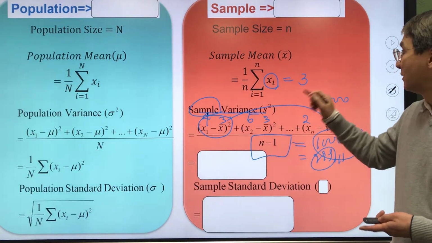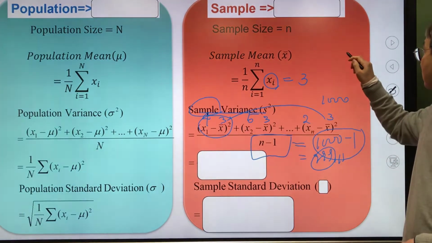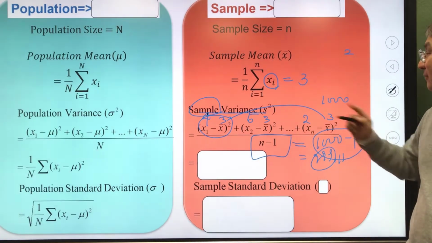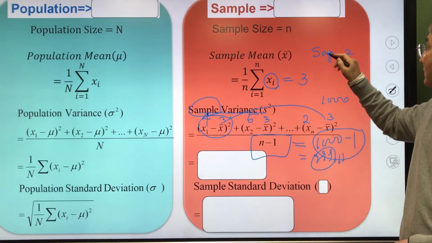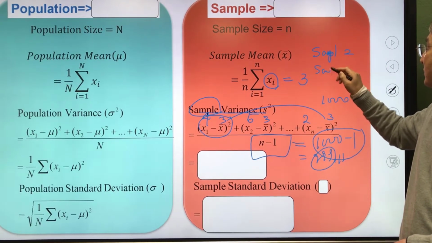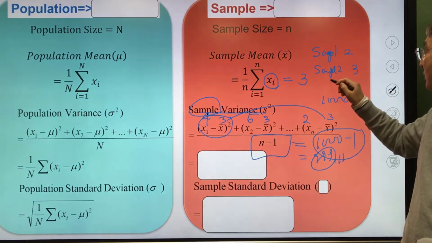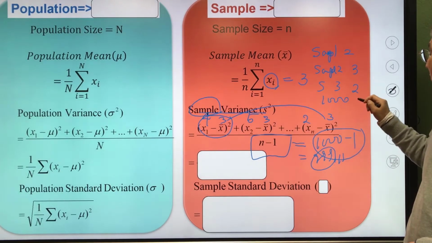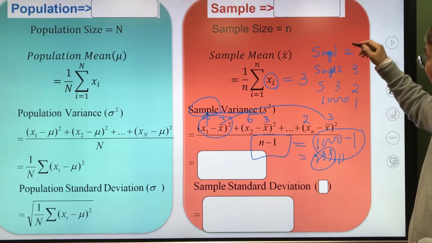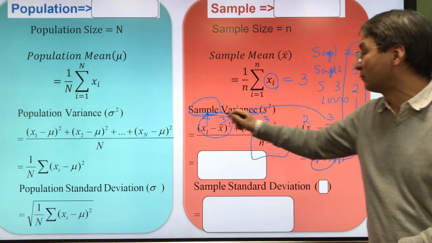Let's just say the sample variance for the first sample, sample 1, is 2, and for sample 2 it is 3, sample 3 is 2, or it could be 1. And we have a lot of samples, and we have a lot of sample variances.